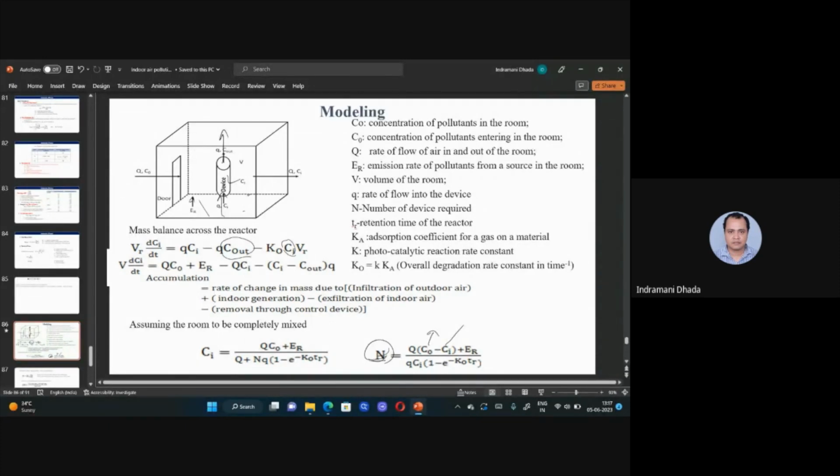So the ER is the emission inside the industry. These are the sources of emission. You can put in every value and you will get N, that is the number of devices to set inside this industry to get a safe value of C out, whatever concentration is coming out from that industry. That is the thing we can do.